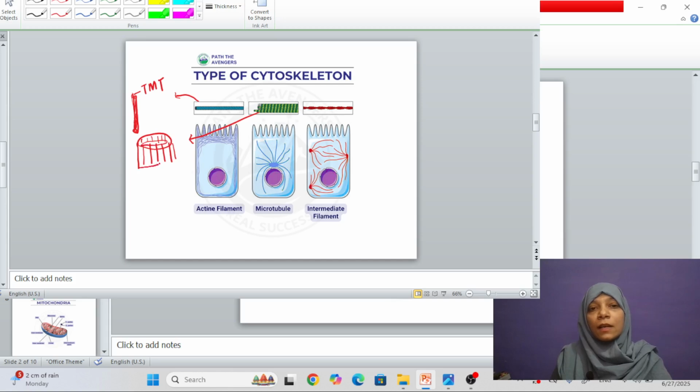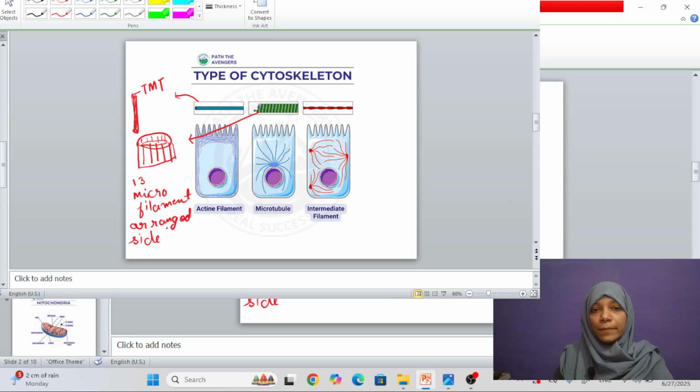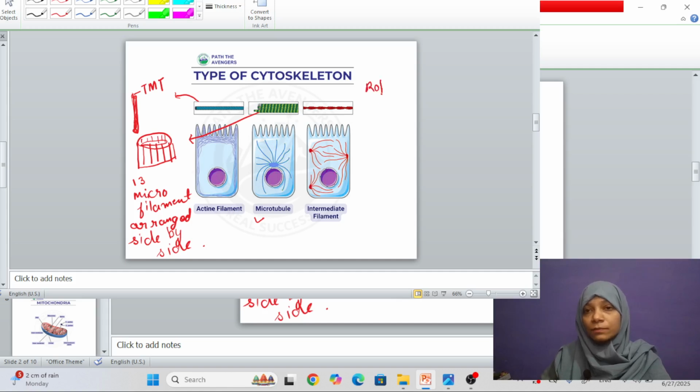This is the actual structure: 13 microfilaments arranged side by side, making the microtubule. The intermediate filament is actually a rope-like structure.